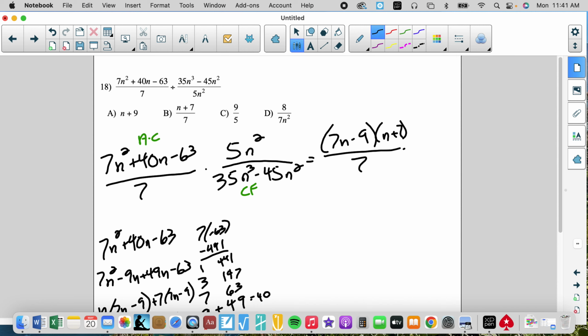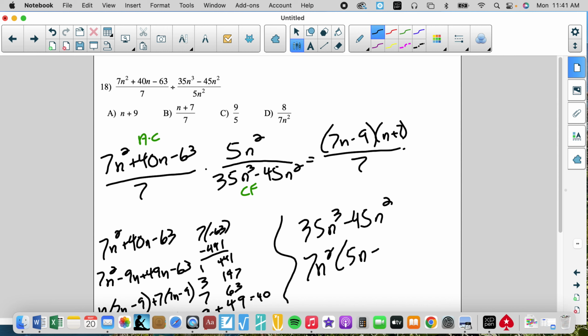And what are we going to factor out of there? 35n cubed minus 45n squared. Let's do 7n squared. No, not 35n, 40. 35 and 45 is not 7. That would be 5. And that would give us 7 and 9.